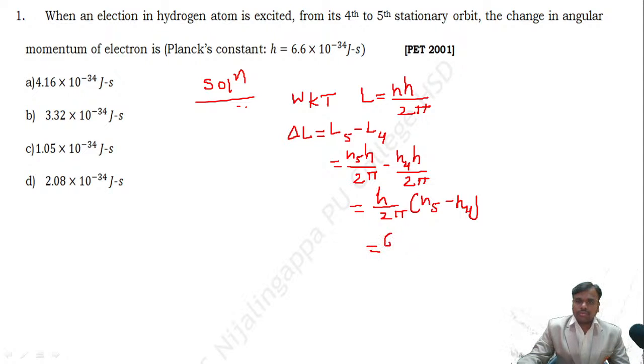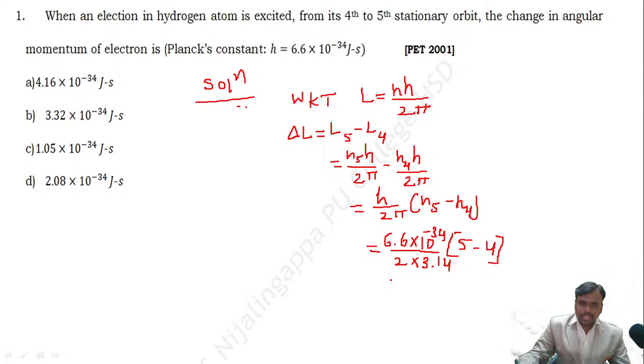Therefore, h is 6.6 into 10 to the power of minus 34, whole divided by 2 into pi, that is 3.14, into n5 minus n4. In the given problem, n5 is the fifth orbit and n4 is the fourth orbit.